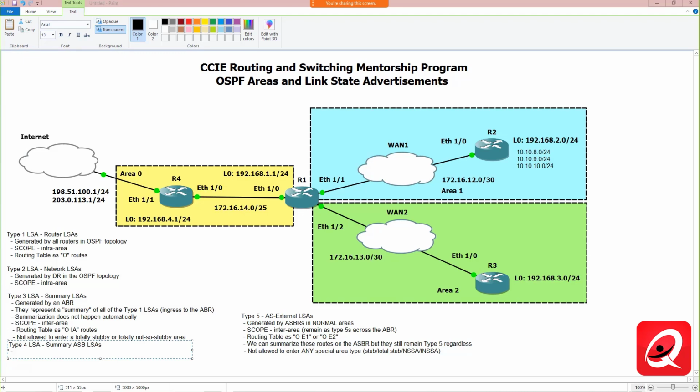All right. So type 4 LSAs are generated by an ABR, and really the easiest way to describe it, generated by an ABR that is attached to an area that includes an ASBR.